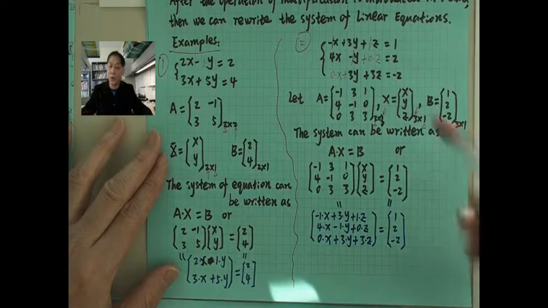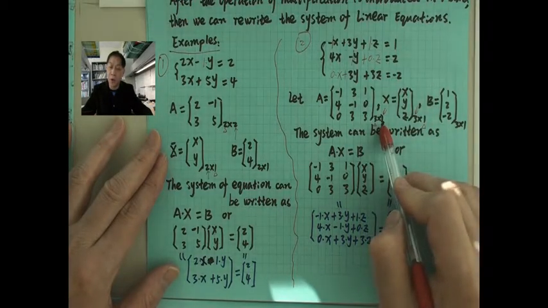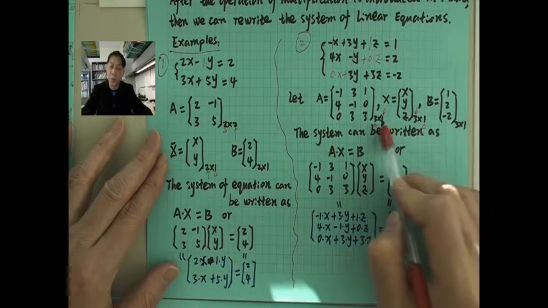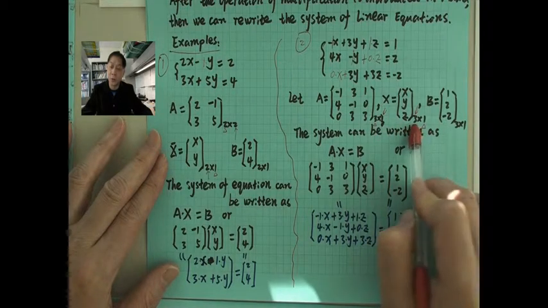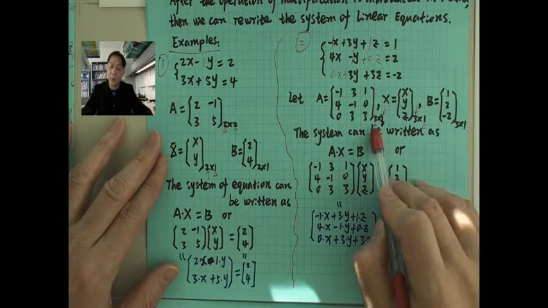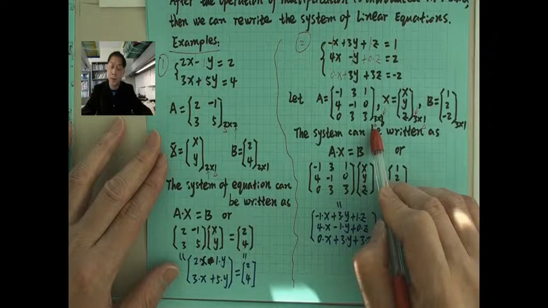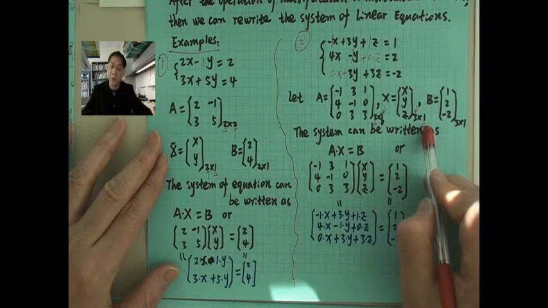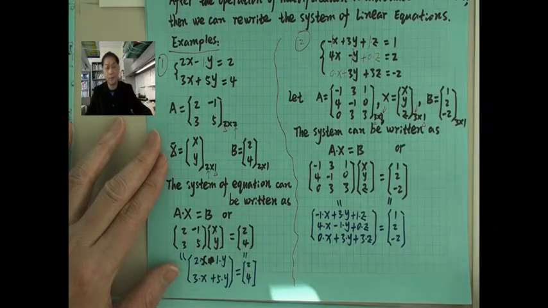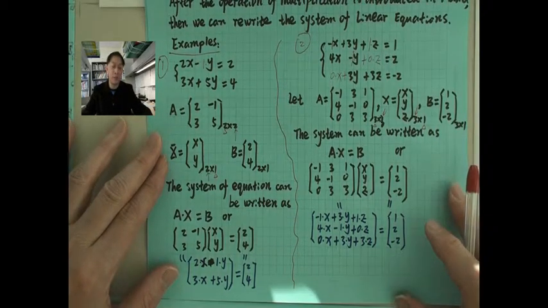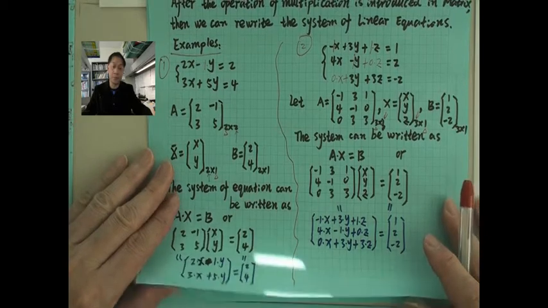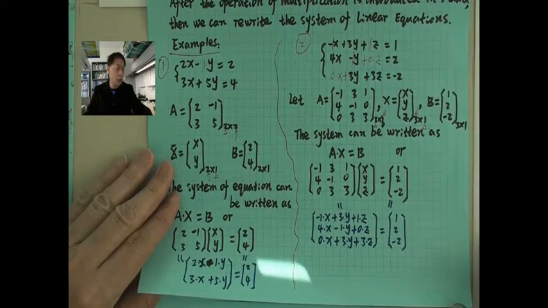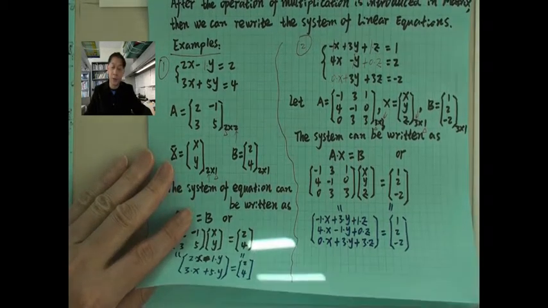And you can only do this if the number of columns of the first equals the number of rows of the second. And then you end up with the number of rows of the first one and the number of columns of the last one. That's after the multiplication of matrices is introduced.